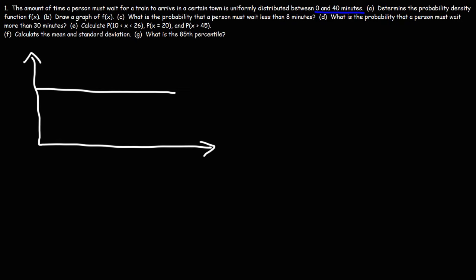So here's our rectangle from 0 to 40. F of x is still the same. Now we want to calculate the area between 10 and 26.